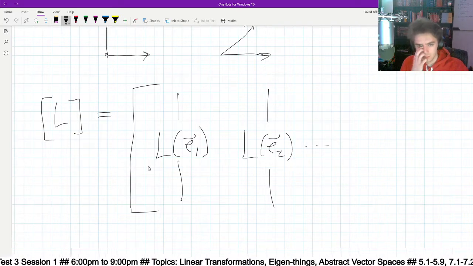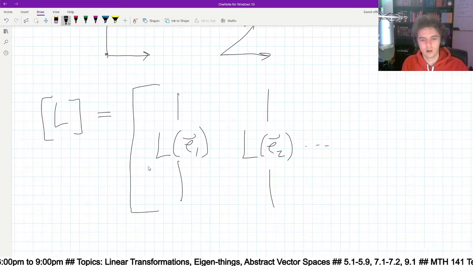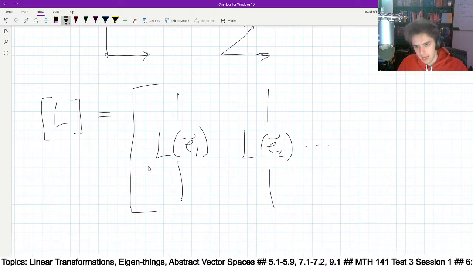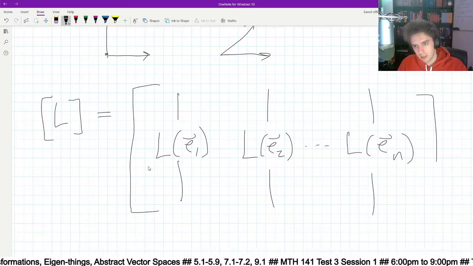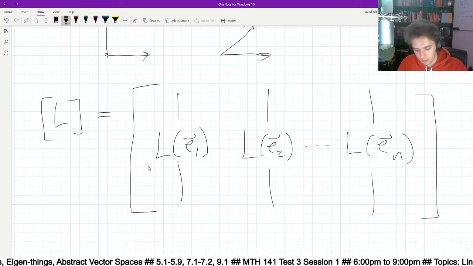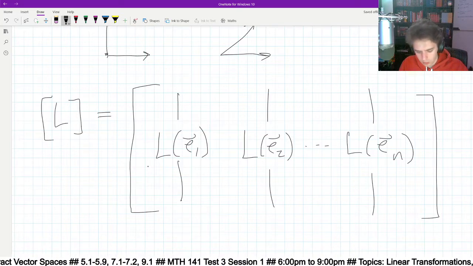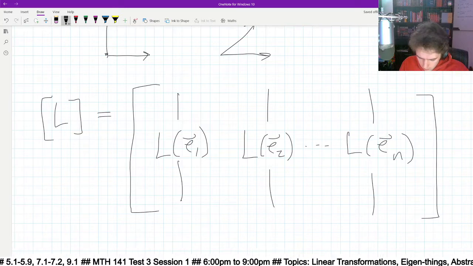That line doesn't mean anything except that the whole column is this vector, right? L of E2. If the transformation goes from Rn to Rm. Then shouldn't it be M? The E's are all standard. No, it looks like it should be N.